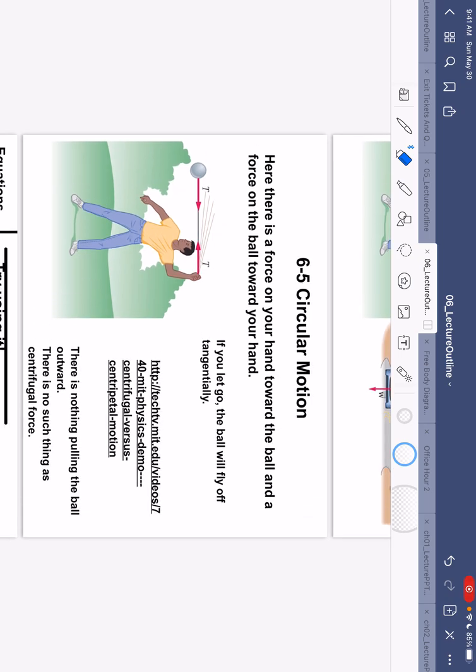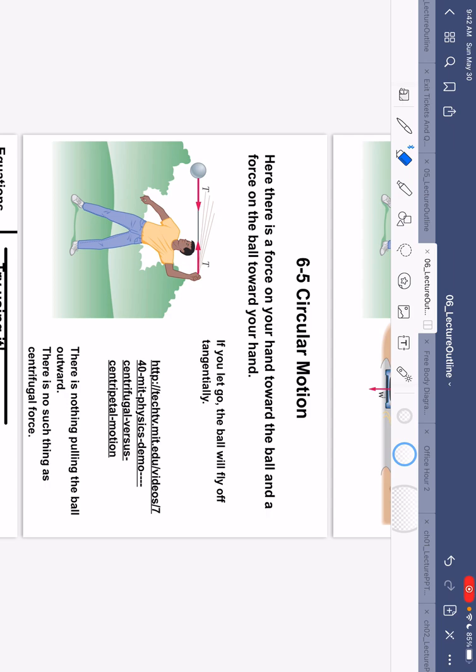Now, of course, here, something that I want you to know. If you are going to have, let's say in this picture, the string broken, you will see that the mass is going to fly tangent to the circle.